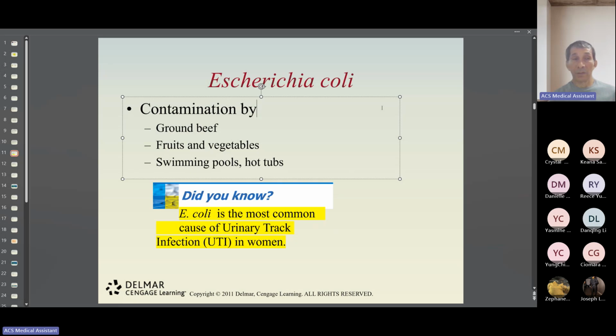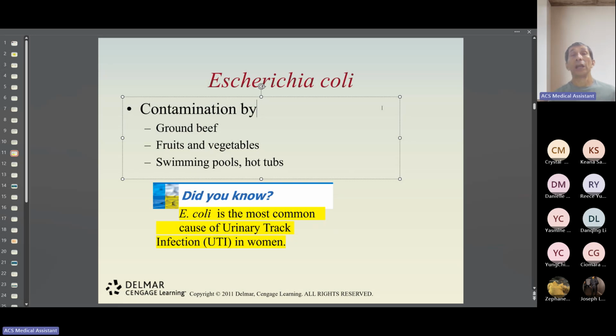So when the person cleans up after moving their bowels, if they don't clean correctly, they bring feces from the anal canal to the vaginal area back and forth. And that is where E. coli is, because it is in your feces.